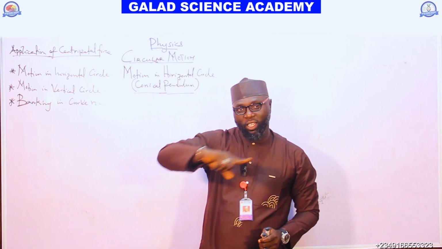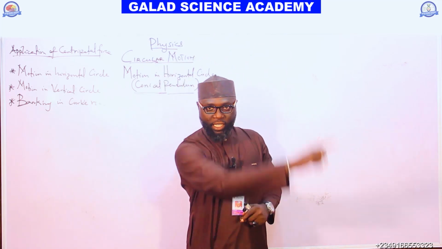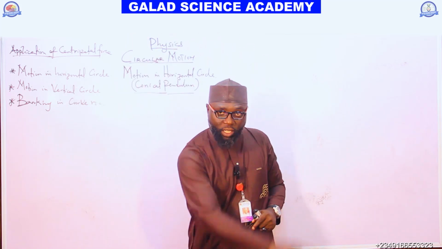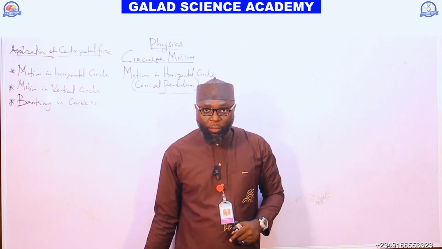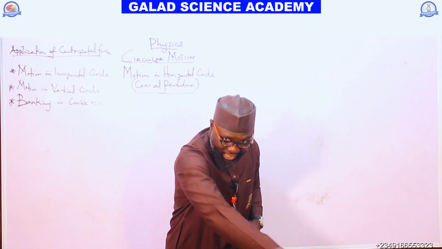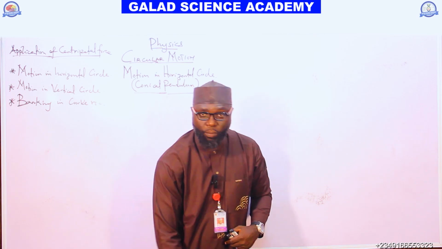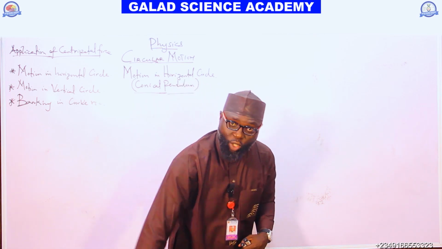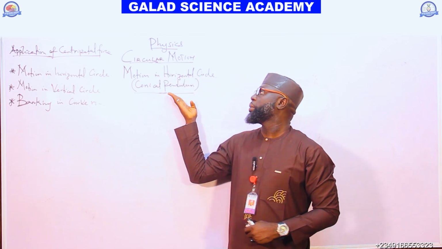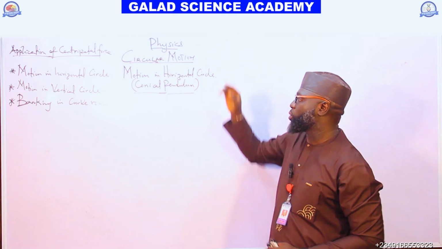We have circular motion in the vertical form, like this, the way I'm using my hand. But if I'm rotating it like this, it is circular motion in the horizontal form. The circular motion in horizontal form is called a conical pendulum.